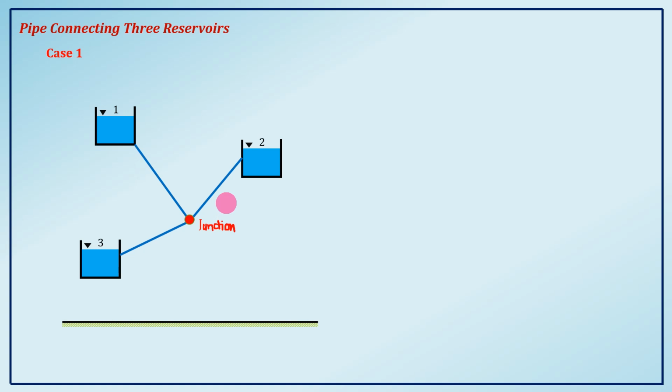And so from the datum, we can measure the elevation head of your reservoir 1, 2, and 3. So this H1 is your elevation head at reservoir 1, H2 for reservoir 2, and then H3 for your reservoir 3. Then this junction, it also has its elevation, no, from the datum. No, elevation head from the datum. So tawagin natin siyang HJ.